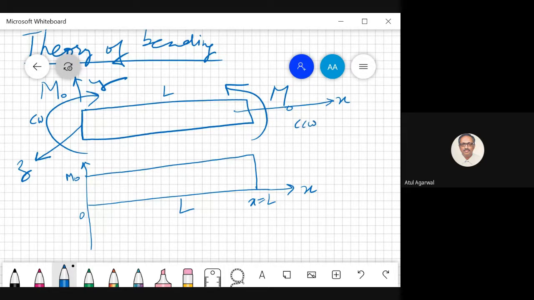So you see, the beam can be in equilibrium only when the total moment is 0. Right side moment is counterclockwise, so it is positive. Left moment is clockwise, it is negative. As per our coordinate system, counterclockwise moment is positive. If your right hand screw rotates counterclockwise, it translates in the Z direction. So that is a positive moment.